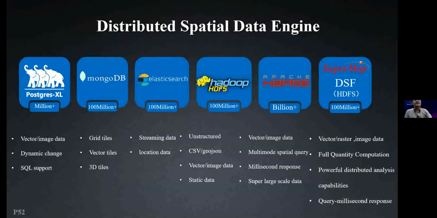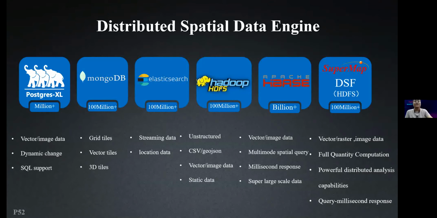And there are some distributed spatial data engines to store the big data, such as PostgreSQL, MongoDB, Elasticsearch, HDFS, HBase, and DSF. Some of them already can support million level data, and some can even support billion level data.